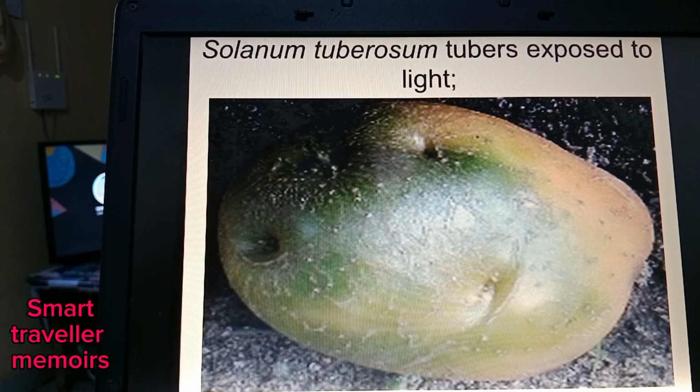There you have the potato which we are going to use. Its scientific name is Solanum tuberosum. The tubers are exposed to light, so that potato looks like that because it has been exposed to light.